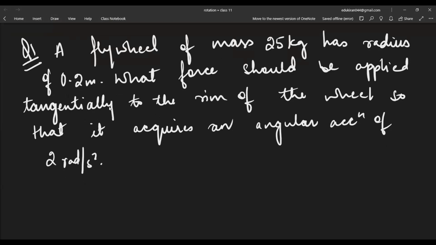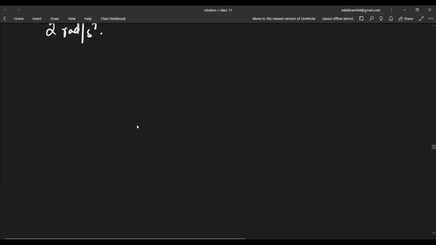So that you can relate it with the moment of inertia. Mass is given. It has a radius. This is the radius, this is the mass. What force should be applied tangentially to the rim of the wheel so that it acquires an angular acceleration of 2 radian per second?